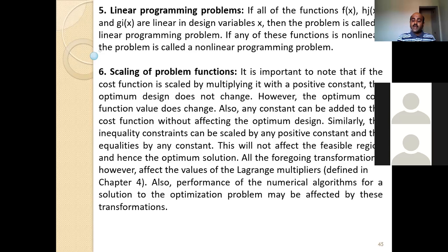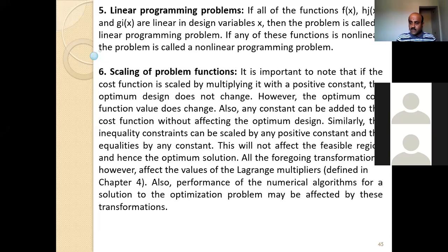Similarly, the inequality constraints can be scaled by any positive constant and the equalities by any constant. This will not affect the feasible region and hence the optimum solution. All the foregoing transformations, however, affect the values of Lagrange multipliers. Also, the performance of numerical algorithms for solving the optimization problem is affected by these transformations.